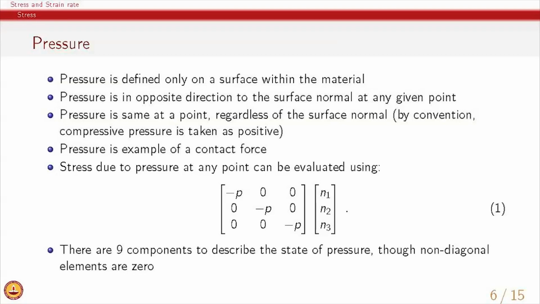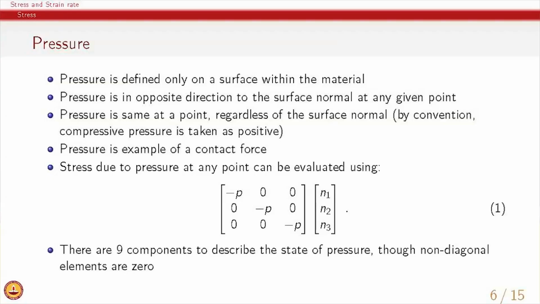What we can see here is there are 9 components to describe the overall state of pressure. 3 of them are non-zero and all of them are uniform. All the diagonal components are minus p, while all the non-diagonal components are 0.